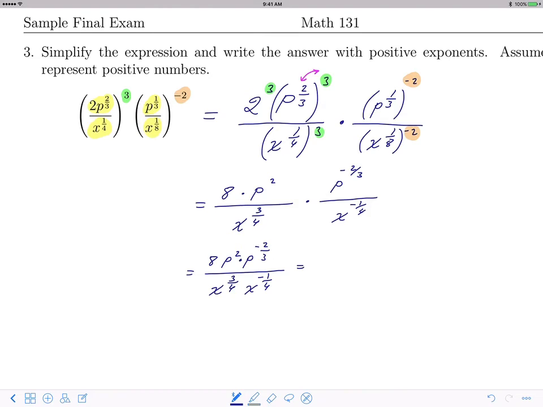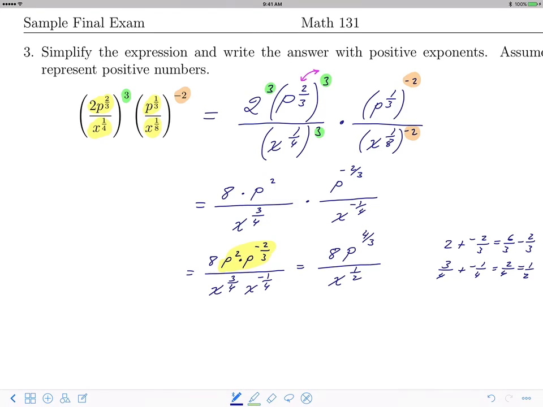Now, focusing on this product of the p's, we add the exponents. So we would get 8p, and then 2 plus -2/3 is 6/3 minus 2/3, so that's 4/3, over x to the power of 3/4 plus -1/4, which is 2/4 or 1/2.